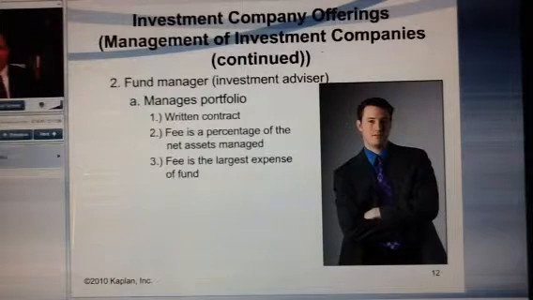So here's our fund manager. The term is investment advisor. The investment advisor is a firm. It's not an individual. We know there's a portfolio manager, usually an individual, but it's not just one person.